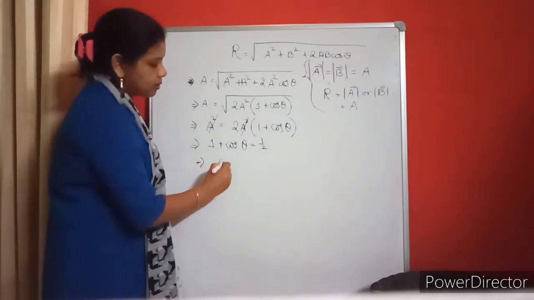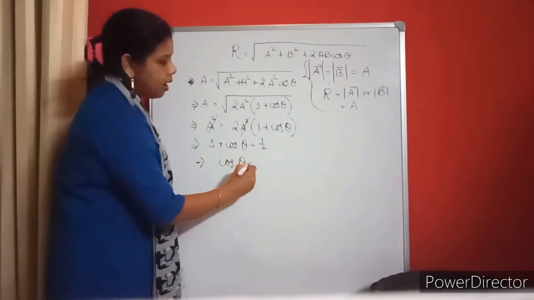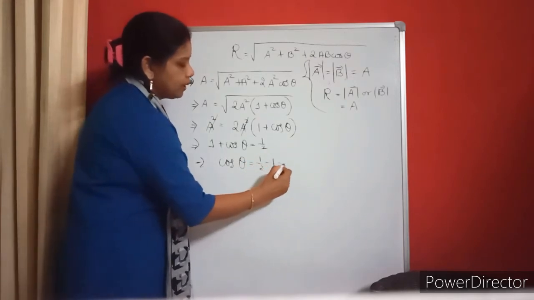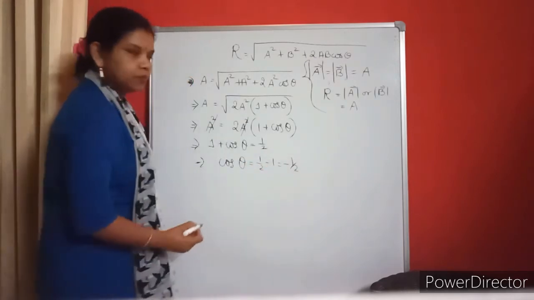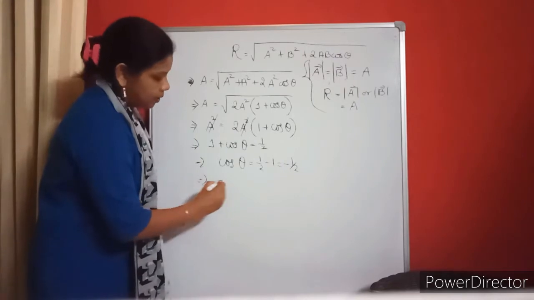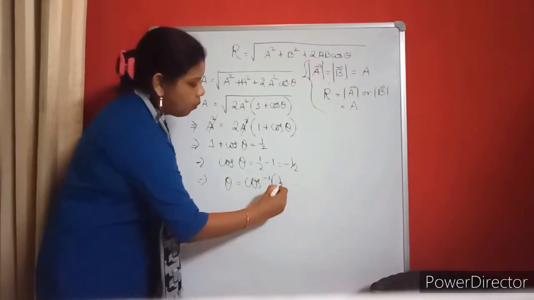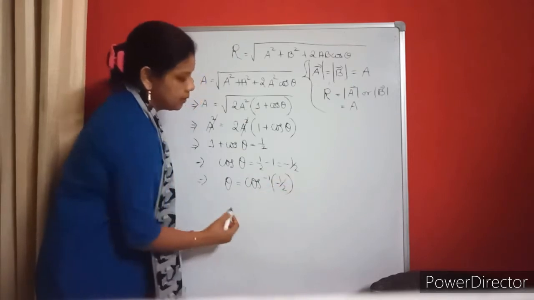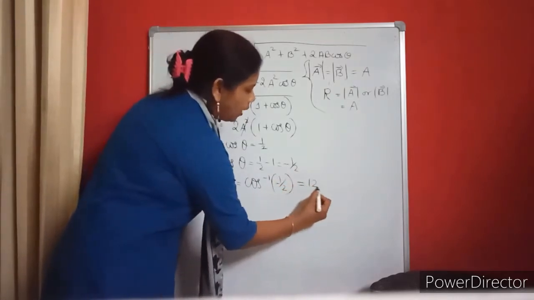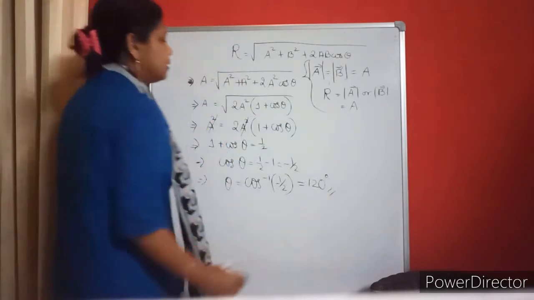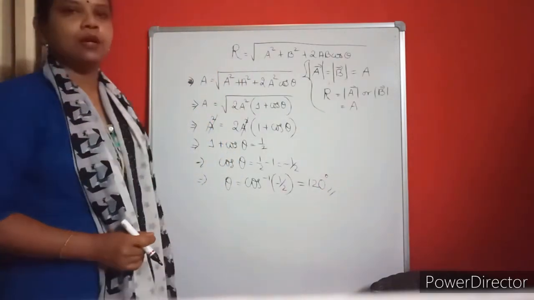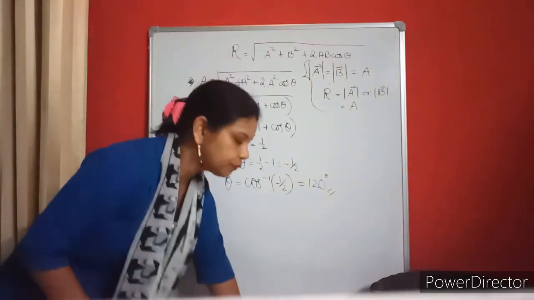So what will be my cos theta? Cos theta will become half minus 1, so it is becoming minus half. So from here theta is equal to cos inverse of minus 1 by 2. This is nothing but 120 degrees. So this is the value of theta we have calculated in this way.